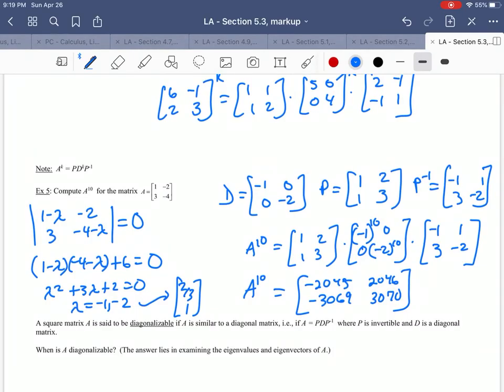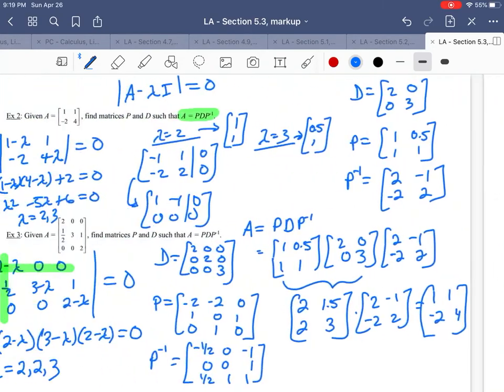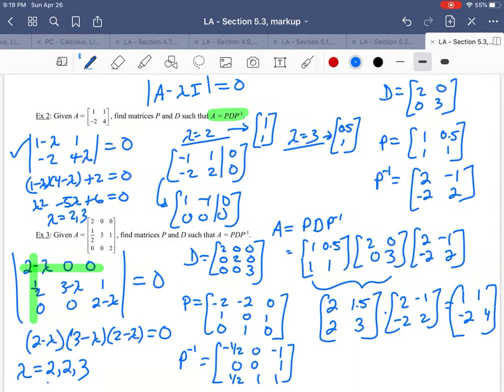All right, so a square matrix is said to be diagonalizable if A is similar to a diagonal matrix. When is A diagonalizable? I think when we had this problem back here, remember we had the repeated eigenvalues. Remember from last section, if you have a multiplicity of 2, that means you could have 1 eigenvector or 2 eigenvectors for this eigenvalue.